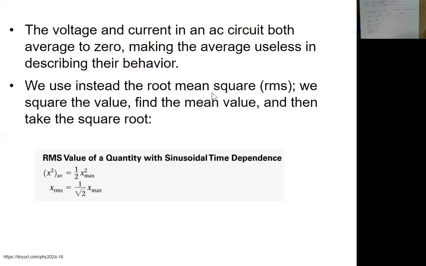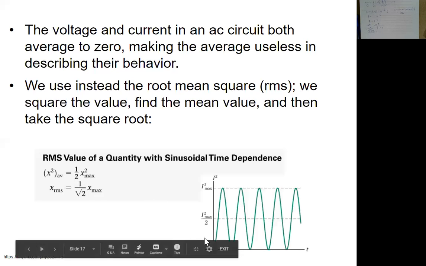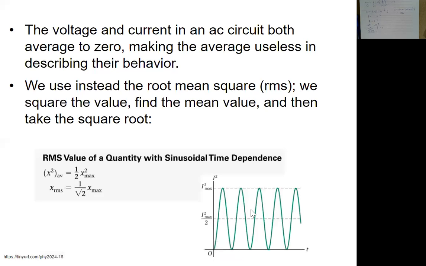So the root mean square quantity, we learned this already. It's the square of that quantity, and then you take average of that. That means the 1/2 of the maximum square in this case, because it's a sine function. So if you square it, and then the average would be 1/2 of that. And then you take square root of that.